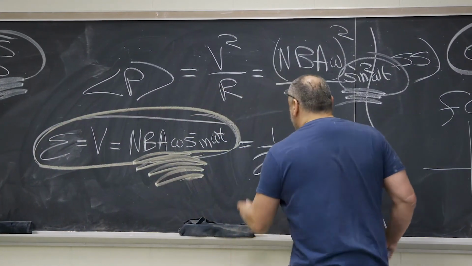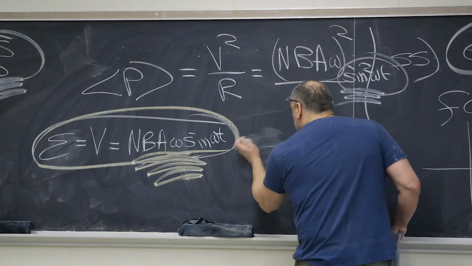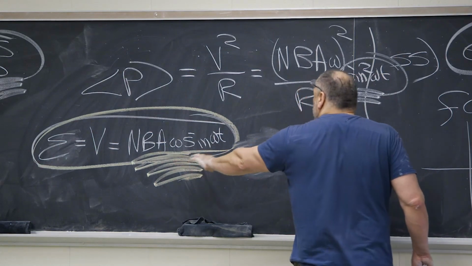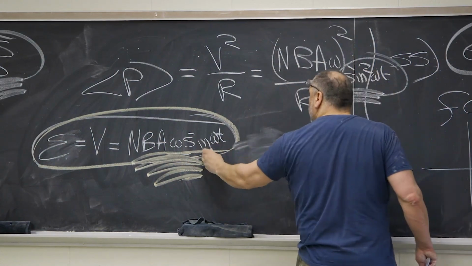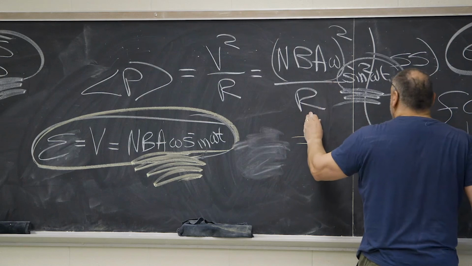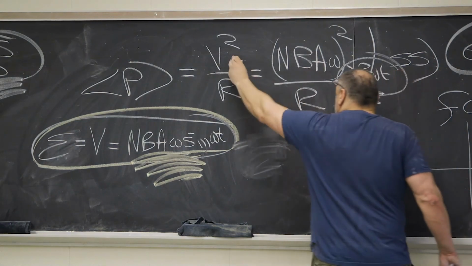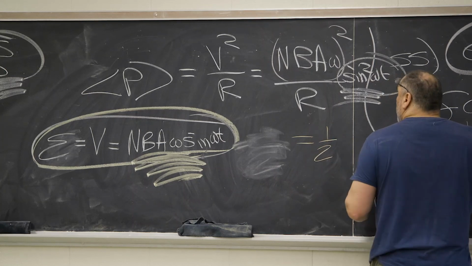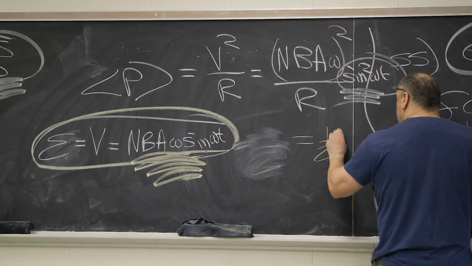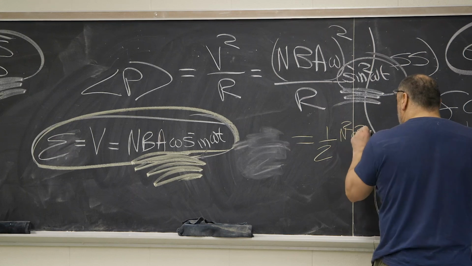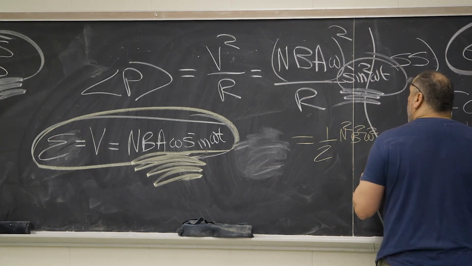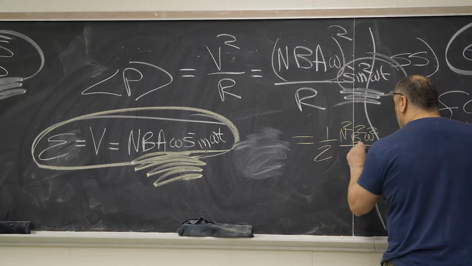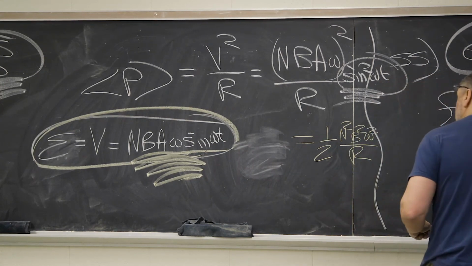You're using that right there, you're squaring all of this, and you get this. The R's here, and that's it. V squared over R at the end of all that is just 1/2 N squared, B squared, A squared, omega squared over R. And that's going to be the average.